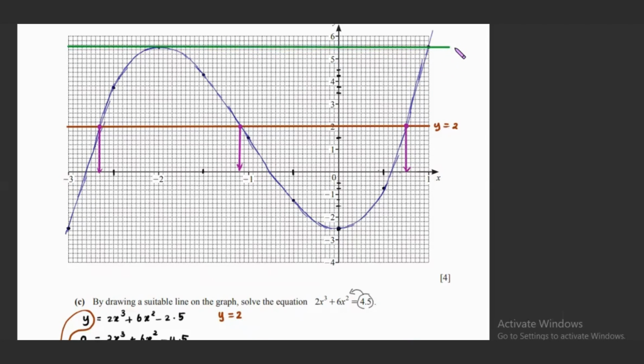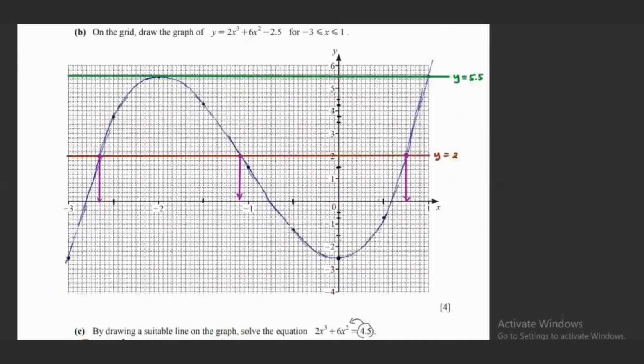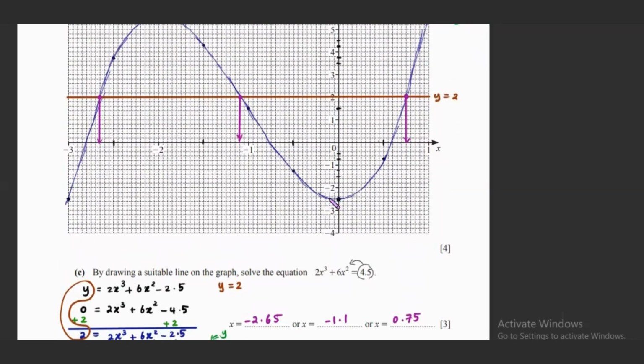So this line is y is equal to 5.5. And the other line is going to be this line that we have here. So it's going to be y is equal to minus 2.5. So these two are the equations.